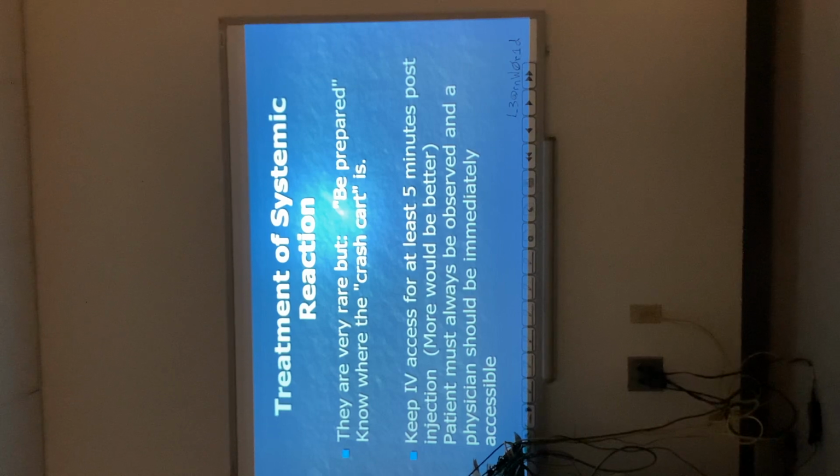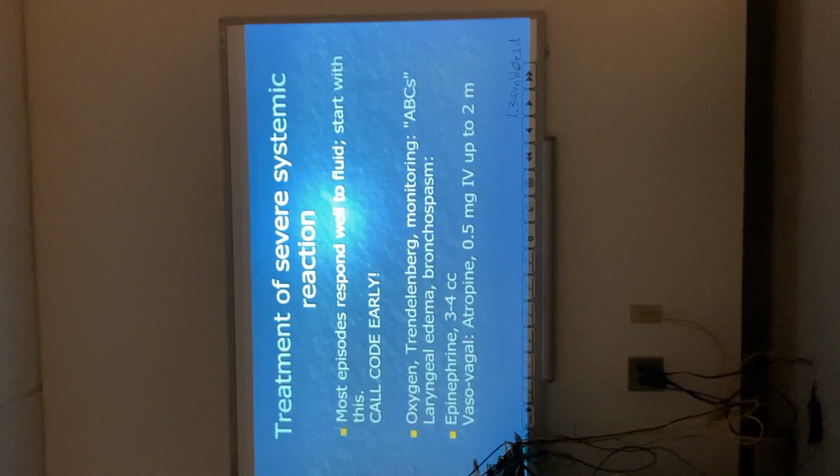You just access their IV and then you're sending them back with the same IV. For severe reactions, okay, once you see a patient is experiencing symptoms that are a little bit more on the severe side, you want to react right away, okay? Some of the milder reactions that a patient may encounter are going to be a rash, maybe itchiness at the site, but one of the more severe reactions is going to be the patient profusely sweating, they may turn pale, they may start to have difficulty breathing.